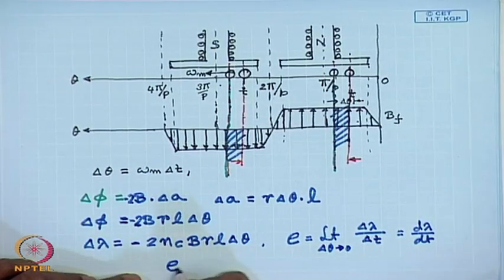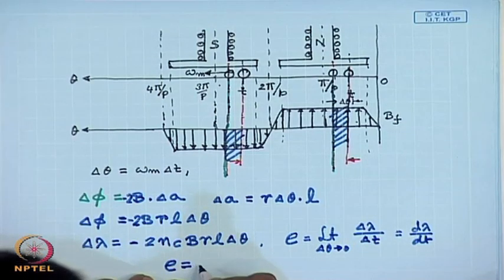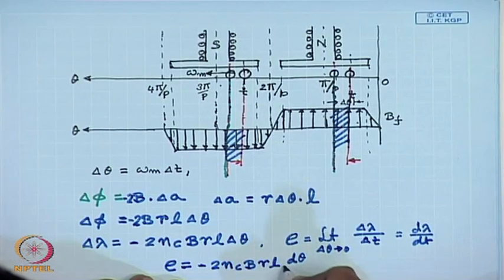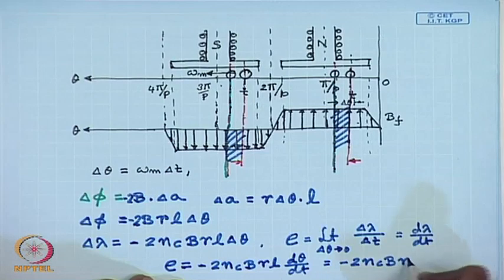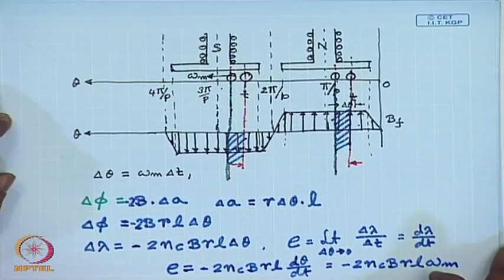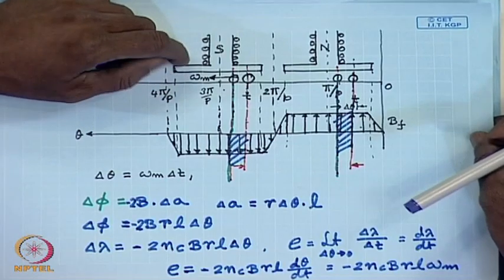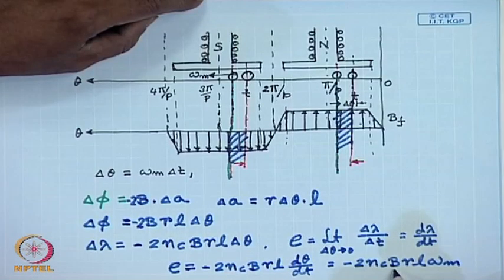So, E equal to minus 2 N c B r L d theta dt, that is minus 2 N c B r L omega m. So, we see that the voltage induced in a coil at a given position theta is proportional to the flux density at that position and the rotational speed of the machine.